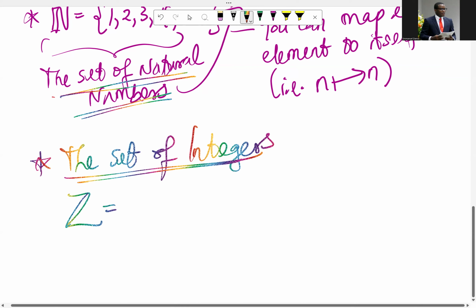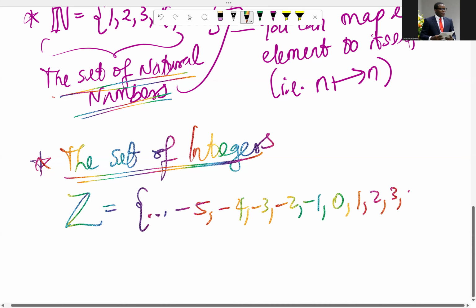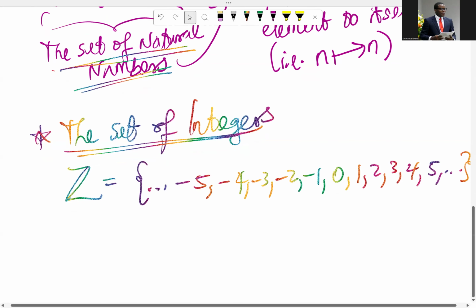The integers are simply whole numbers, whether negative or positive: from negative infinity, to -5, -4, -3, -2, -1, 0 is also an integer, 1, 2, 3, 4, 5, and so on to positive infinity.